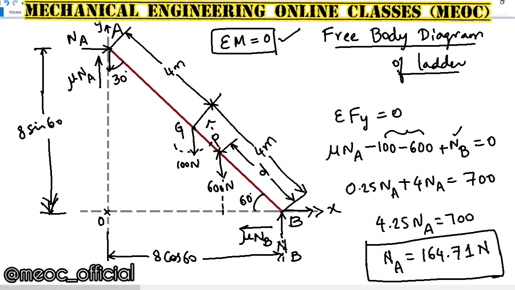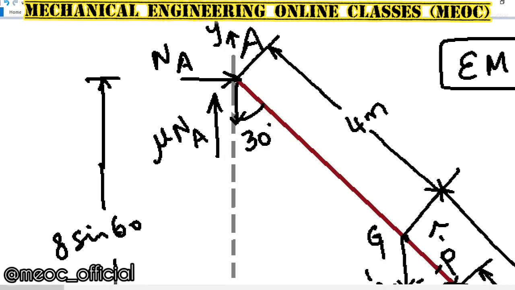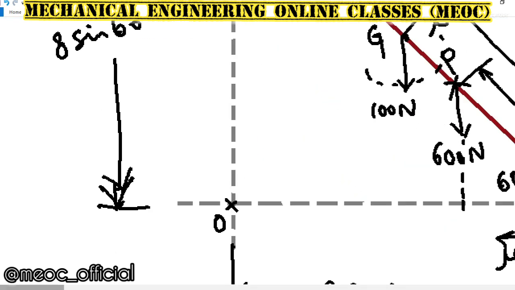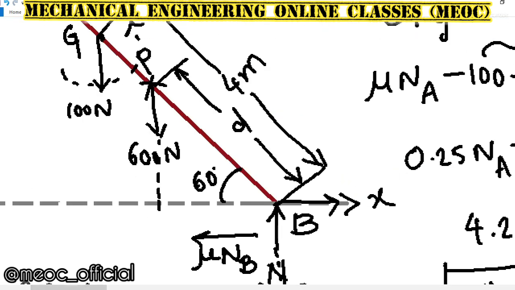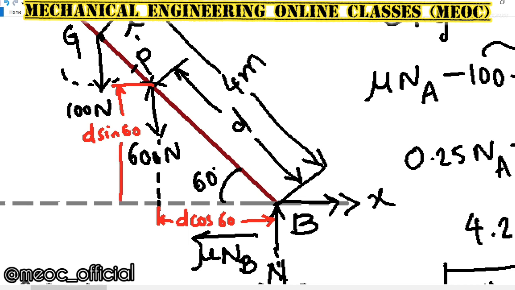Similarly, if I make components of this D line, this will be D cos 60, and the person will be at a height of D sin 60 from the x-axis.